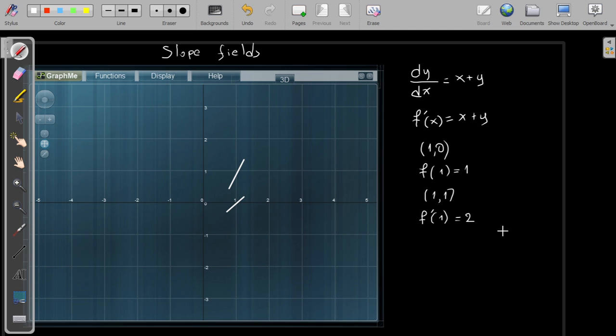I continue the process. Let's say at (1, 2), so the gradient is going to be 3. So it's going to look like that.